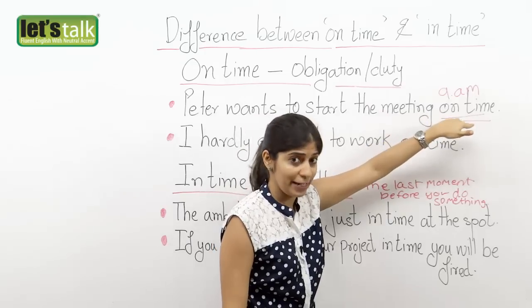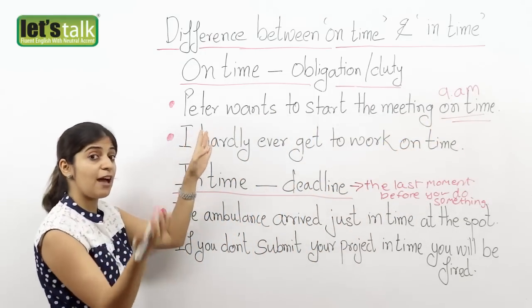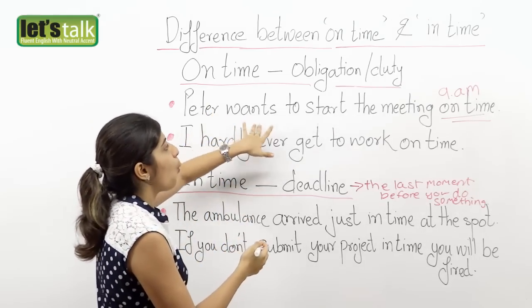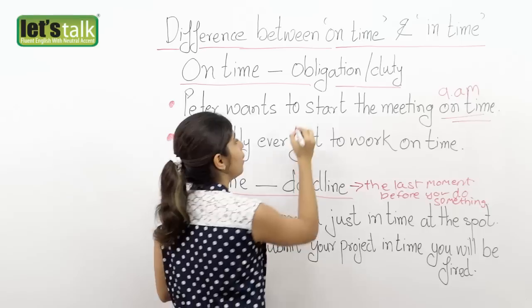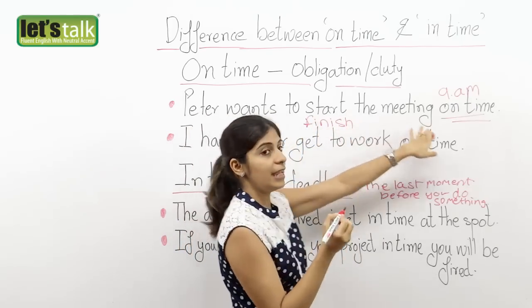So on time is the right phrase, but let's also look at when we have to use the phrase in time. So for example, Peter wants to finish the meeting in time.